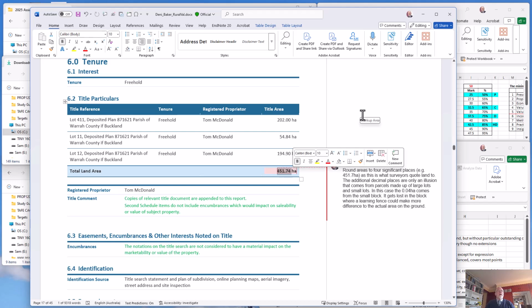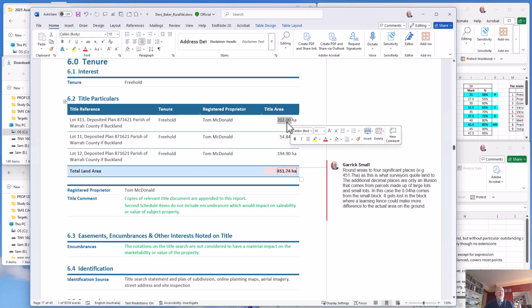Okay. Now, is the last digit in there significant? Well, it isn't, because the 202 hectares could be 202.03 or 201.97. Both of those round to 202 hectares exactly.